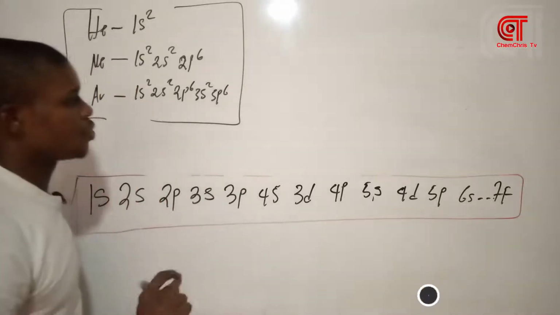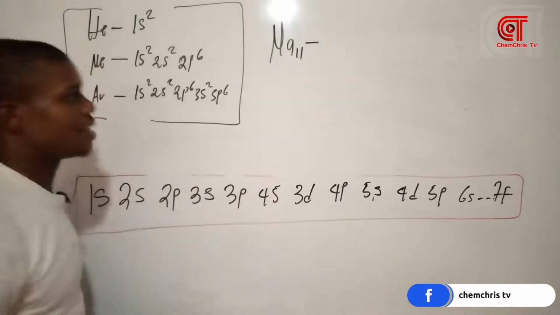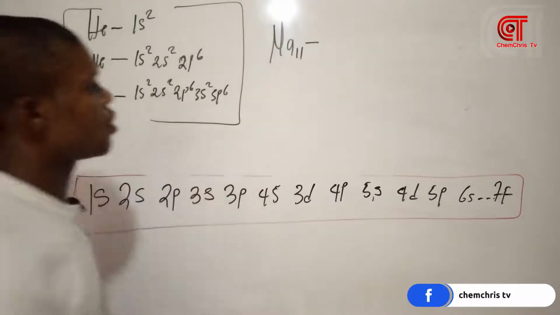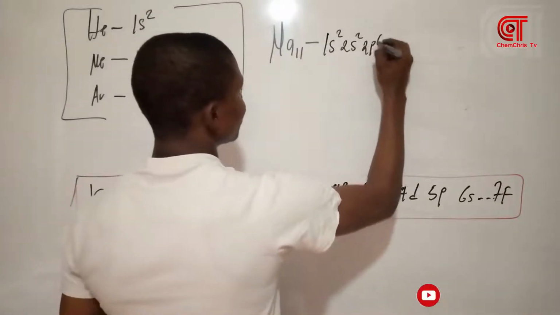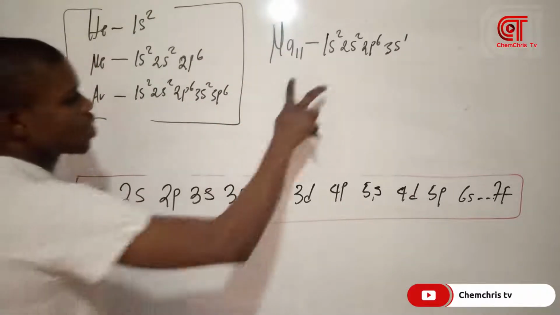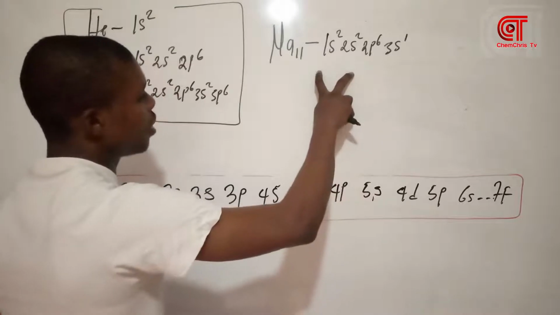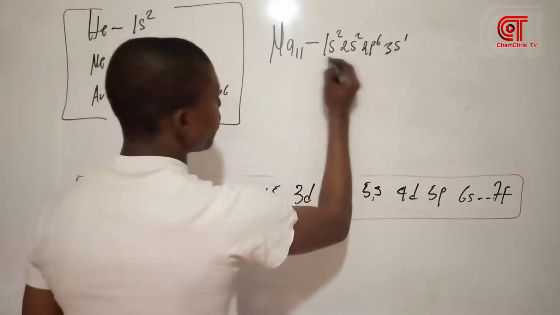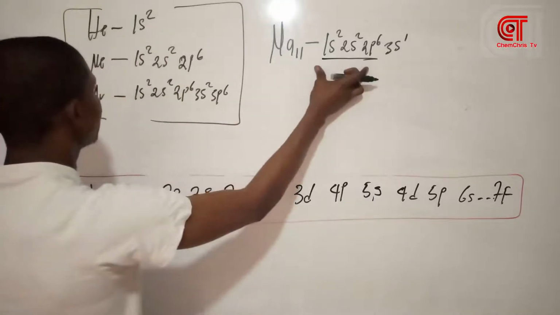Let me explain. Sodium: normally the electronic configuration of sodium is 1s2, 2s2, 2p6, 3s1. This is called the full electronic configuration. Now, how do you write the condensed one? From here to here is neon.